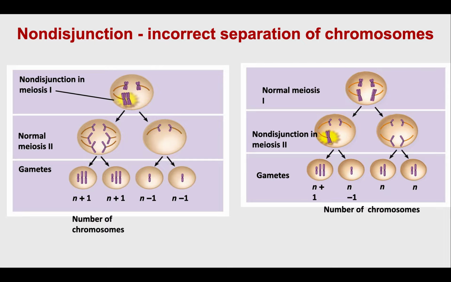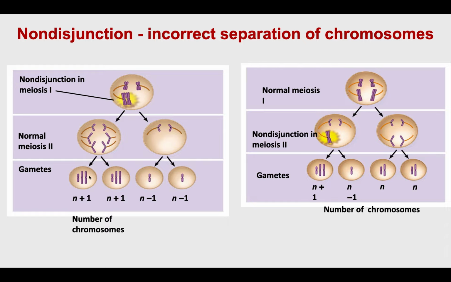So how do we get these abnormal chromosome numbers? This occurs through non-disjunction. During meiosis, we are not lining up and separating out our chromosomes correctly. In meiosis 1, this can occur when one whole tetrad goes to one side. In meiosis 2, this can occur when a sister chromatid doesn't split apart. In either case, it's going to result in some abnormal chromosome numbers.